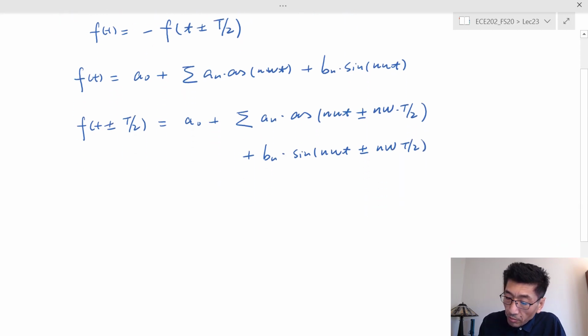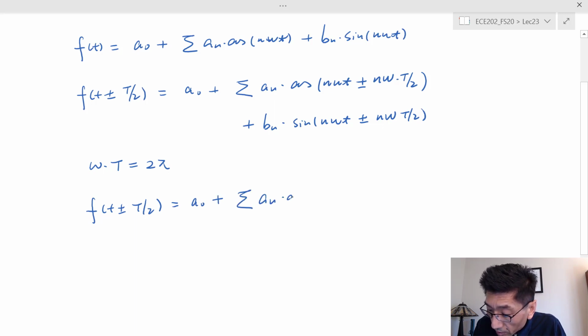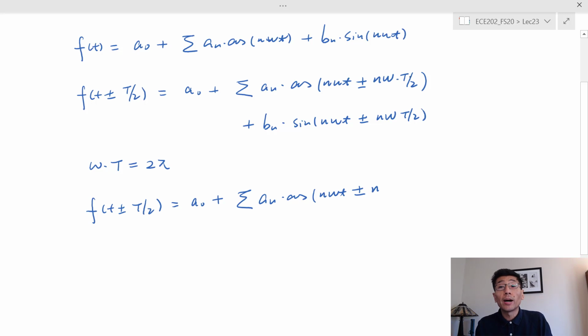And remember, omega times T is just equal to 2 pi. So therefore, for these AC terms, we can rewrite f(t plus or minus T over 2) as a0 plus the sum of a sub n times cosine n omega t plus or minus n pi, right? Because 2 pi divided by 2 is pi.